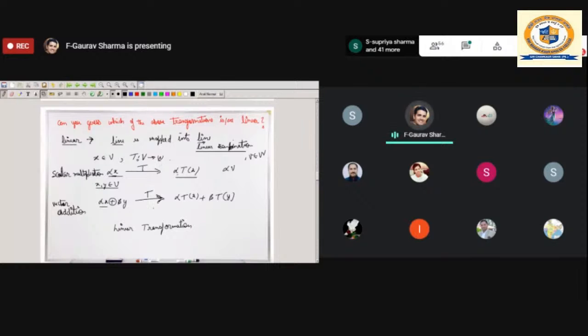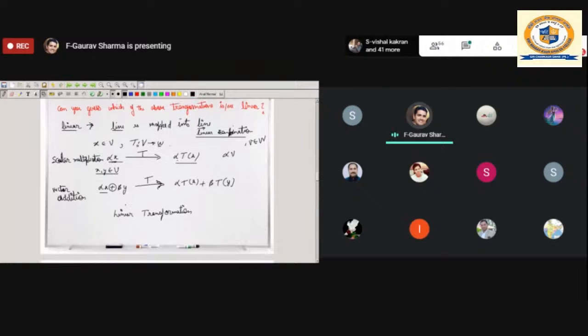So what am I trying to say? Whenever we say a linear map, alpha x is transformed to alpha times Tx, and if we take two vectors, then the linear combination alpha x plus beta y will be transformed to alpha Tx plus beta Ty.